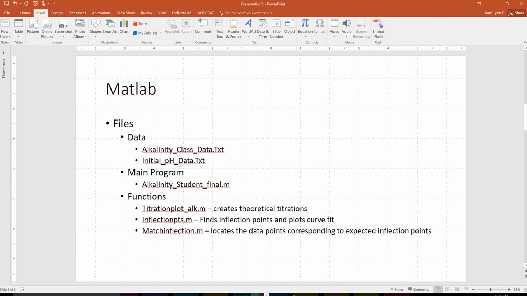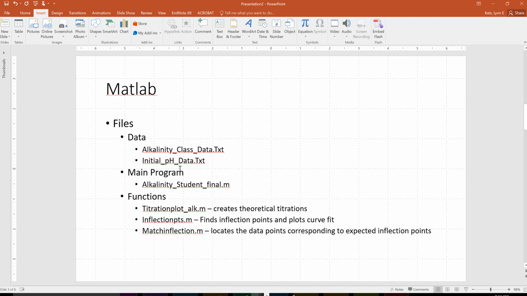Both of these files are needed and you need to read them in. We'll talk about that in a bit. And the main program is called alkalinity student final.m. This MATLAB code calls all of the other functions, essentially subroutines, if you will, and creates the tables and plots that you need.